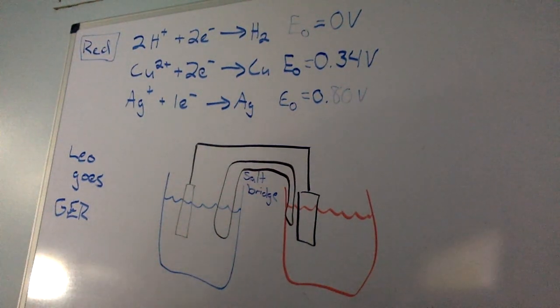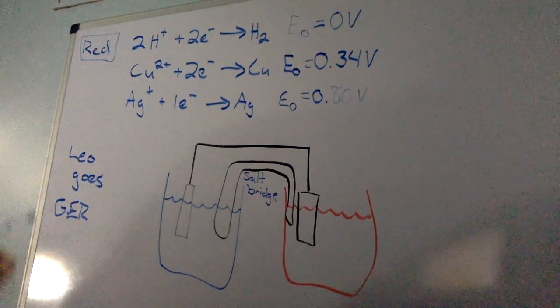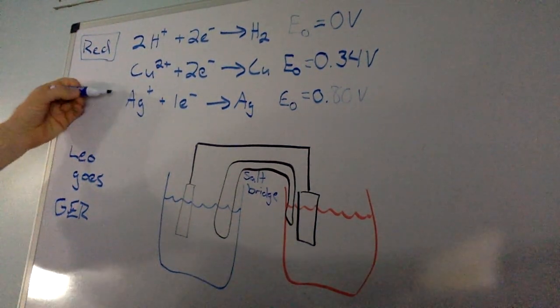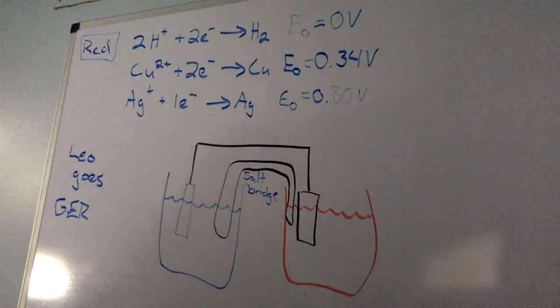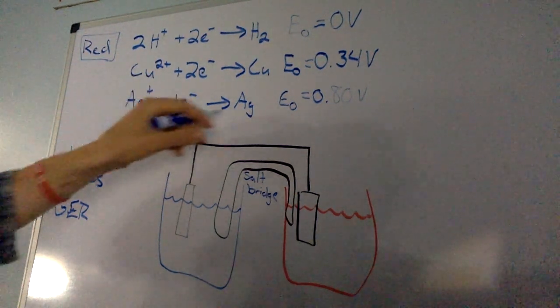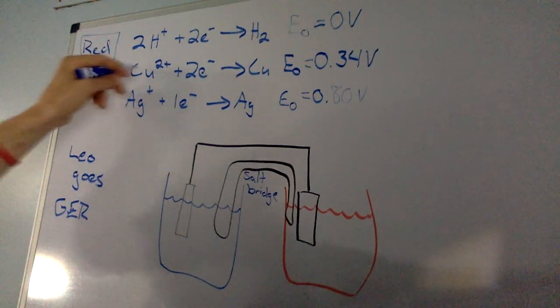Okay? Overall, our solution has to have a 0 charge. So what we can say is we have silver metal and silver ions that really want to have those electrons and become silver. So it's going to want to do that more than copper does.